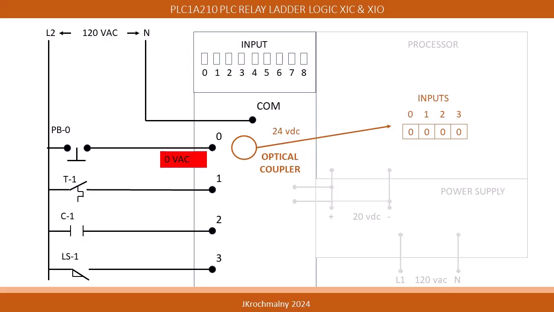A push on the push button PB0 opens the circuit, dropping the voltage from the PLC input module terminal 0. The PLC processor places a 0 in its related data registry and turns off the diagnostic LED referencing that terminal.